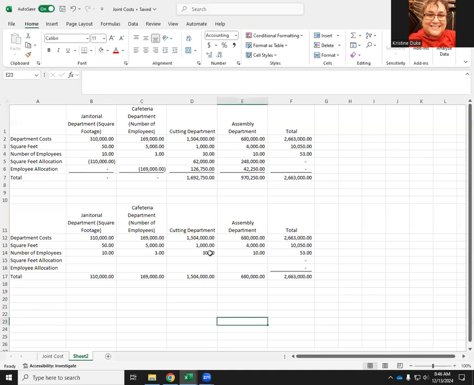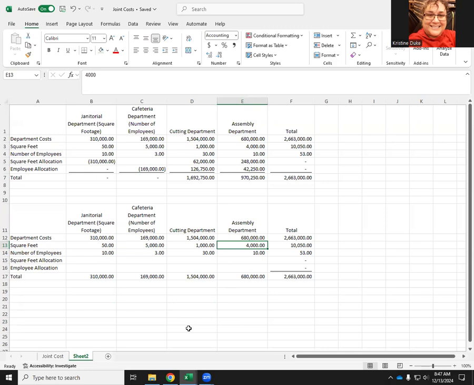So I'm looking up here at the square feet. I've already told you which department is using which driver. Square feet is janitorial and number of employees is cafeteria. Here I can see these two right here have a square foot combined of 5,000.